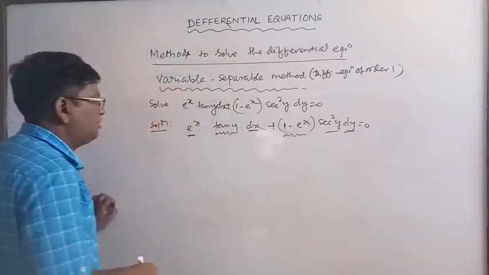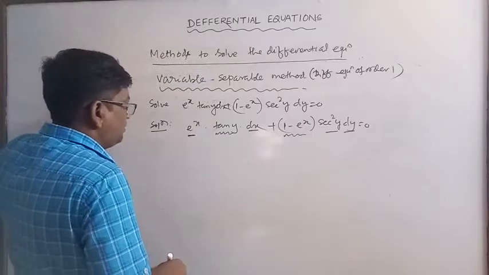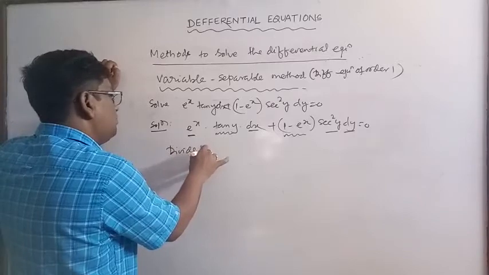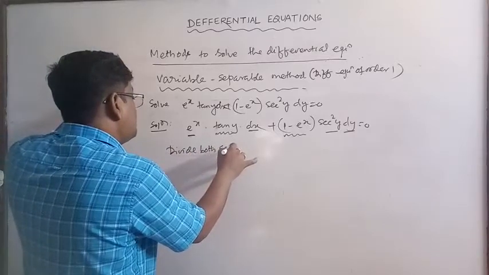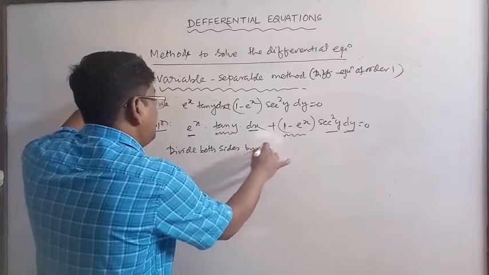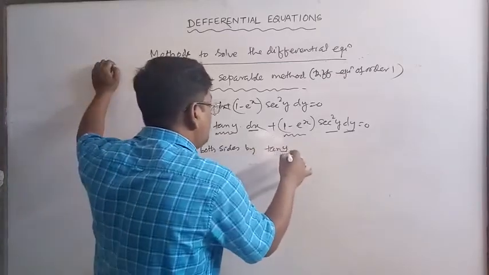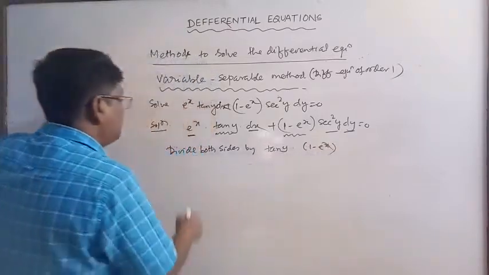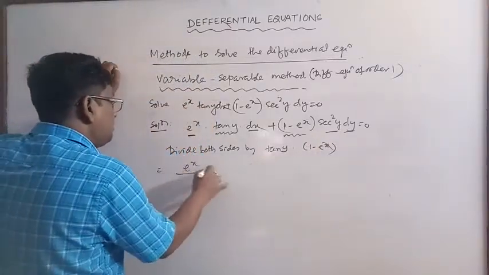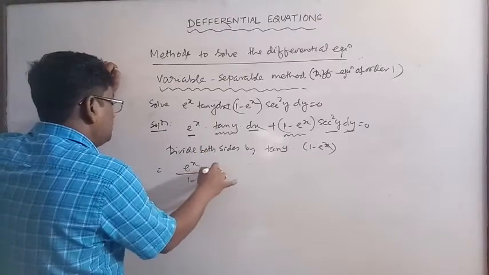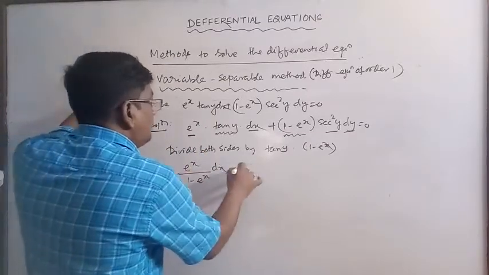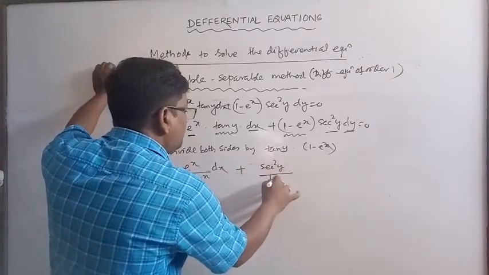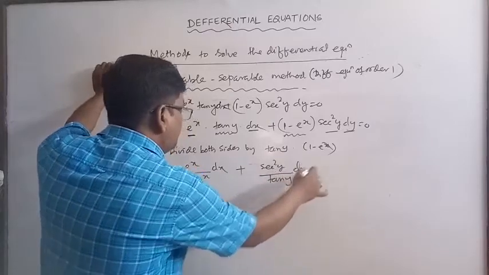So divide both sides by tan y into 1 minus e to the x. So this is equal to e to the x by 1 minus e to the x dx plus sec square y divided by tan y dy is equal to 0.